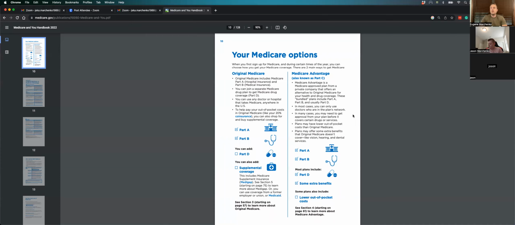Part A is free or no cost. It's really not free because you've paid for it through your taxes. But Part A is at no cost, assuming you've worked the 40 quarters. Part B is your medical insurance, which is like doctor's visits, preventative care, lab work, x-rays, et cetera.